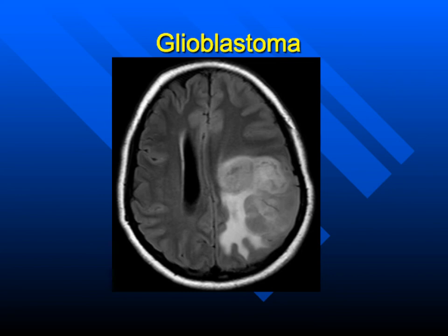Glioblastoma. One of the worst kinds of brain tumors that anybody could have is glioblastoma. It comes from the glial cells of the brain. Look how much this tumor is pushing, that it completely covers the left ventricle. You can't even see the left ventricle, and see how the midbrain has shifted that way. So glioblastoma, like I said, is one of the worst kinds.